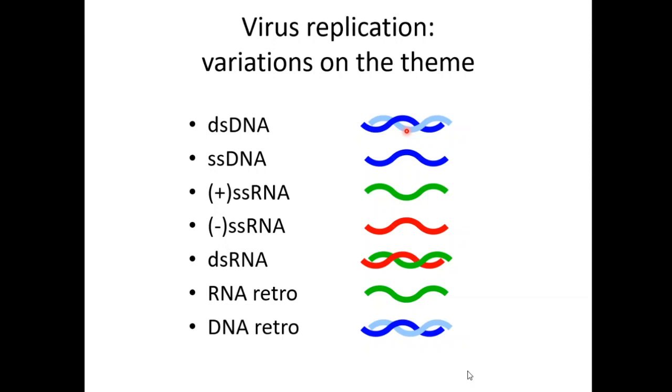Baltimore classification of viruses, where we have double-strand DNA, we have single-strand DNA, then positive polarity DNA, negative polarity DNA, we have double-strand RNA, we have RNA retroviruses, and you have DNA retro. And this is a class of HIV, this is a class of hepatitis B virus.